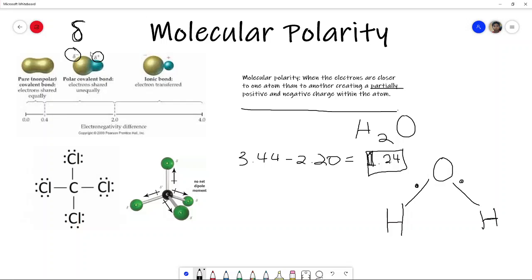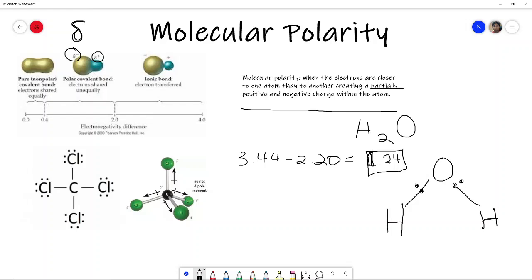So once we get over here, we find that the electrons are closer to the atom with the larger electronegativity because it's attracting electrons, rather than the atom with less electronegativity. So that's why we have an imbalance of the sharing of electrons. So over here we see water, and as I talked about before, the electrons of the hydrogen are closer to the oxygen because it has a higher electronegativity.